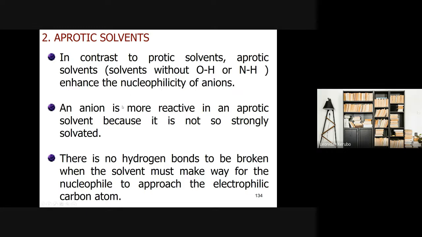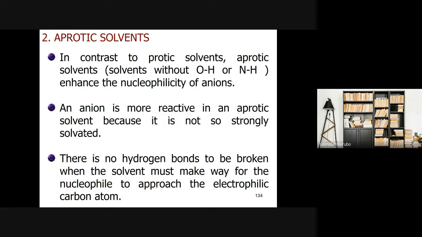An anion is more reactive in an aprotic solvent because it is not so strongly solvated. Aprotic solvents, the non-polar ones, don't easily form hydrogen bonds with the anions to drag them from attacking from the backside of the electrophilic atoms.